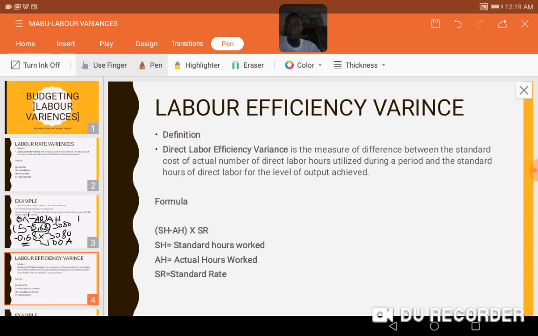Now let's get into efficiency variance. Efficiency variance works the same way as the material usage variance. By definition, direct labor efficiency variance is the measure of the difference between the standard cost of actual number of direct labor hours utilized during the period and the standard hours of direct labor for the level of output achieved.